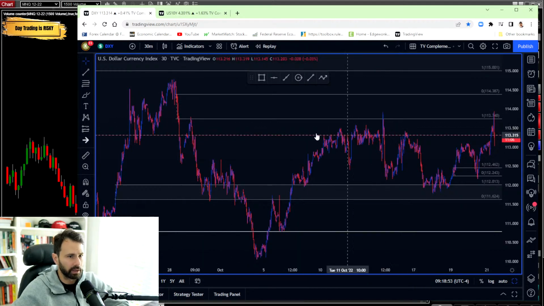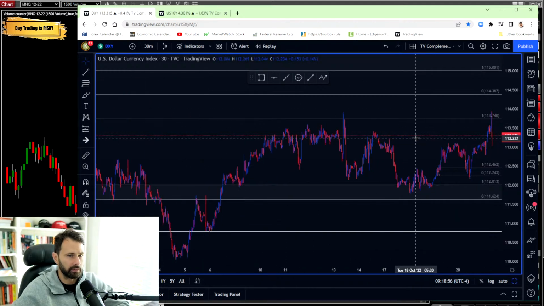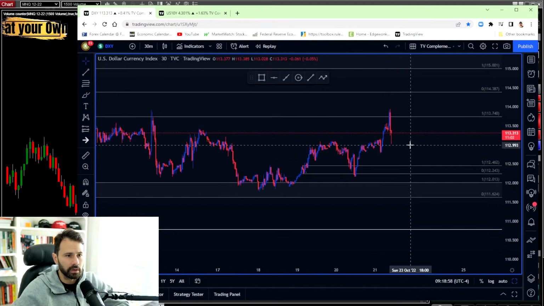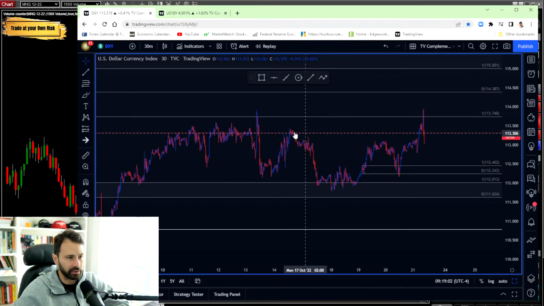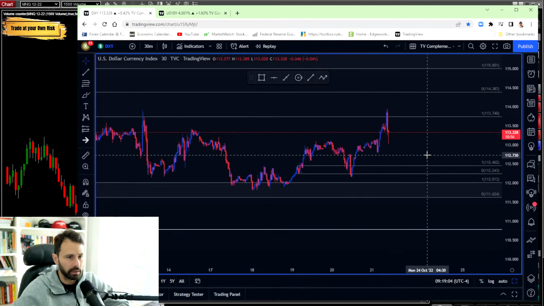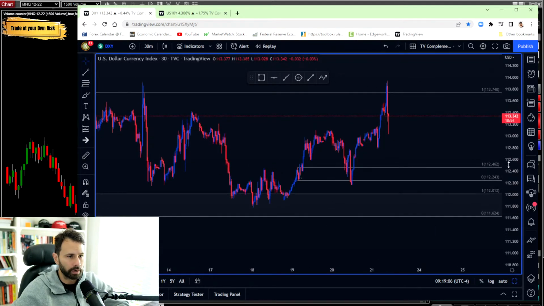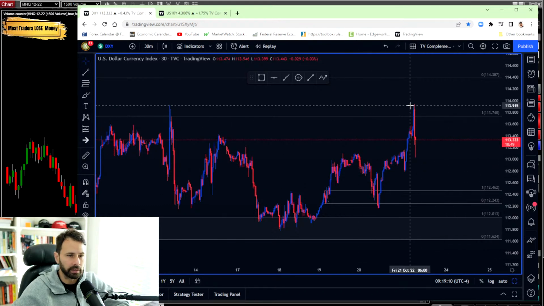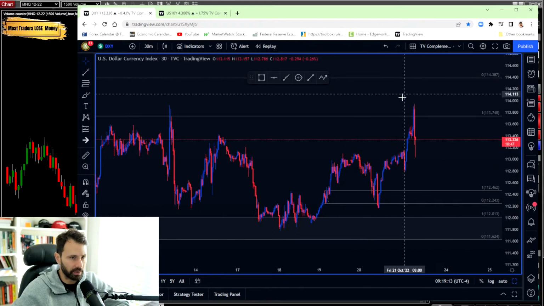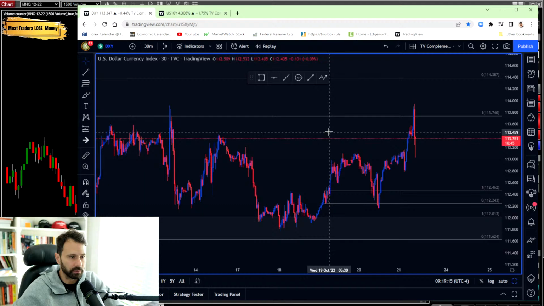This is the supply that we have had for a few days now. The dollar is going back down from the supply. I don't think the supply is going to continue working in the same manner after this touch. What I'm accounting for is that it loses strength every time it comes back to the level.